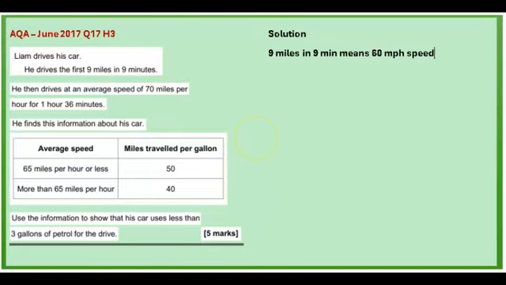So for 9 miles, for each mile he is going to use 1/50. Because he has 9 miles, that means 9/50 gallons.